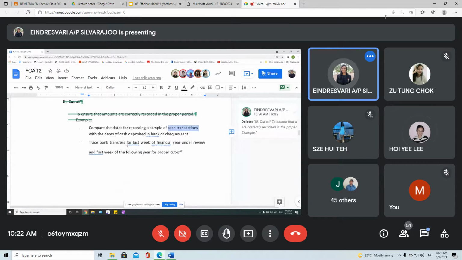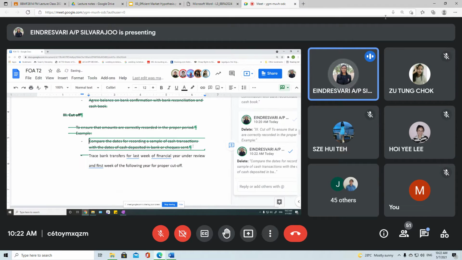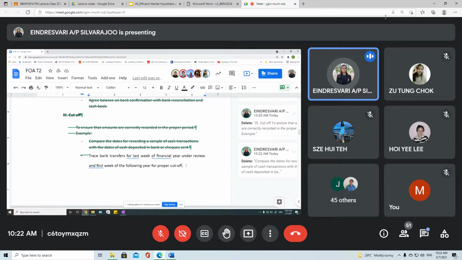So where was I? Cash transaction is different. Transaction is not same as documents. Source documents are those documents that you use to enter the debit credit transaction into the accounting system. Okay, this is not a procedure. Trace bank transfer for the last week of the financial year under review and first week of the following year for proper cut-off.